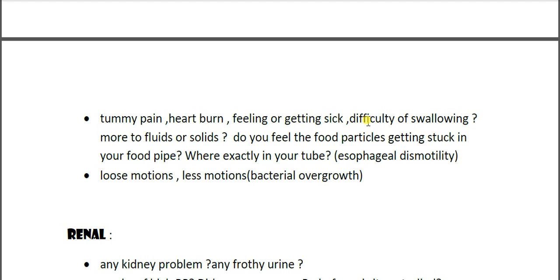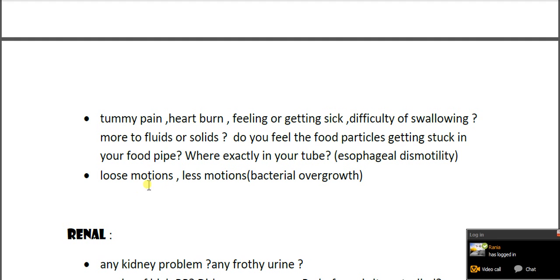Is it more to fluids or solids? Is it coming on the initiation of swallowing or after initiation? This is to differentiate between oropharyngeal and esophageal dysmotility. Do you feel that food particles are getting stuck in your food pipe? And if yes, where exactly is the food stuck, for esophageal dysmotility?